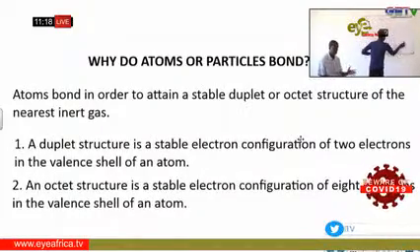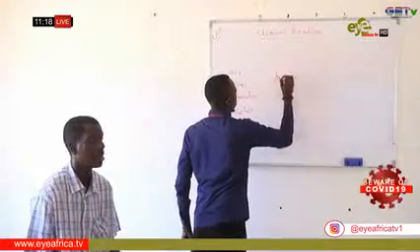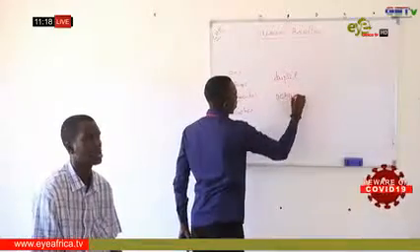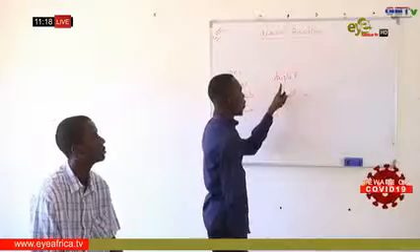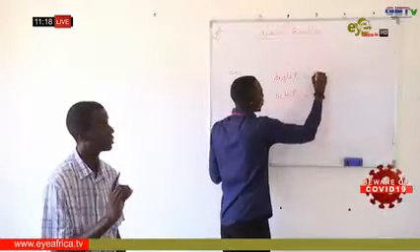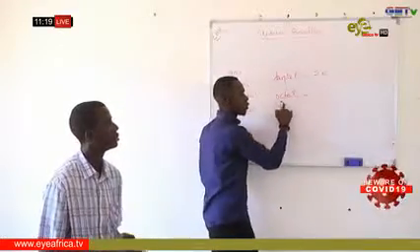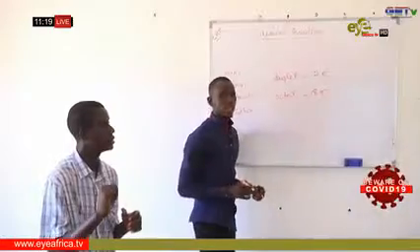Now, doublet and octet. You will have a doublet when your valence electrons can obtain a maximum of 2 electrons. And you can have an octet structure when your valence electrons can have a maximum of 8 electrons.